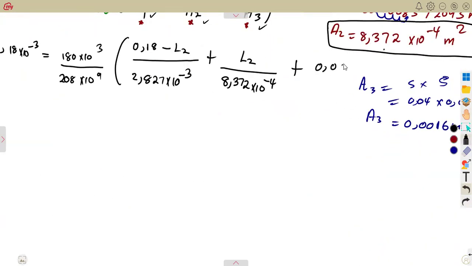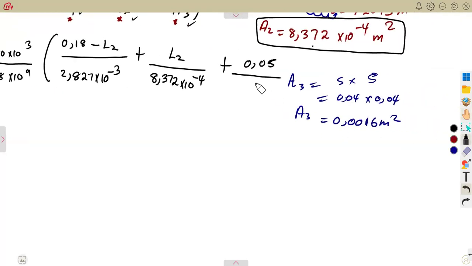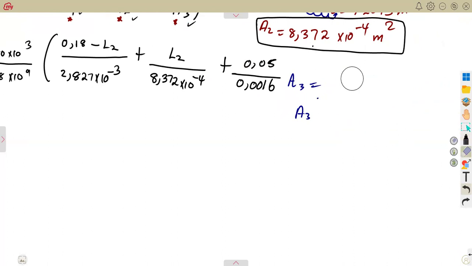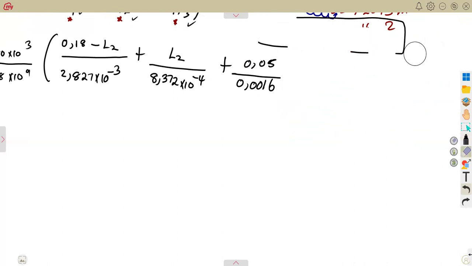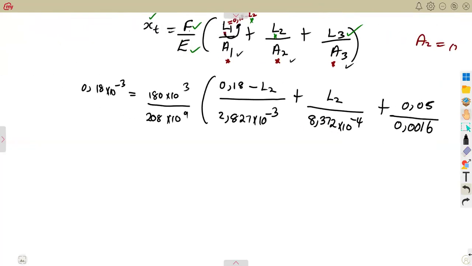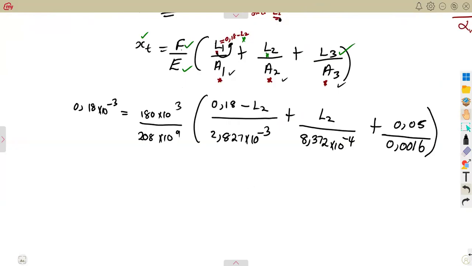So that's 0.05 in meters over what? The area of the third section, which is this one that we got, 0.0016. We have to substitute everything that we calculated into the formula like this. This is where we are. From what you're given, because we're given extension.